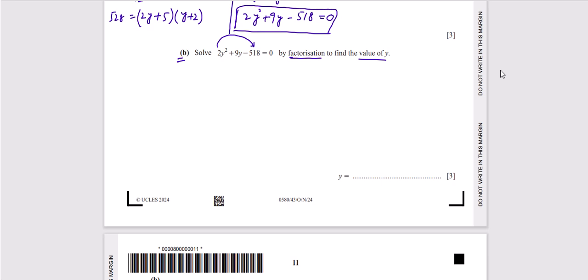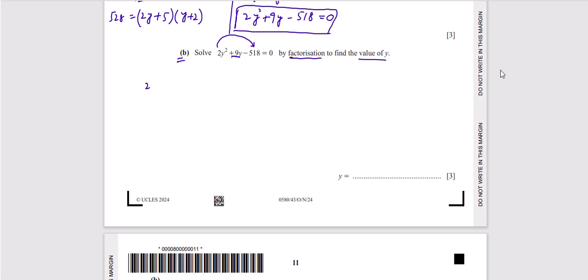So we get 2 multiplied with 518, we get 1036. So we have to find two numbers. When we multiply these two numbers with each other, we get 1036, and when we subtract them, we get 9y. That's why this is also called the middle term break formula.